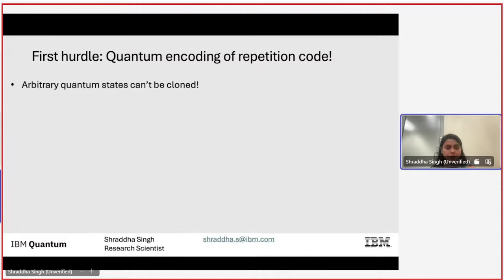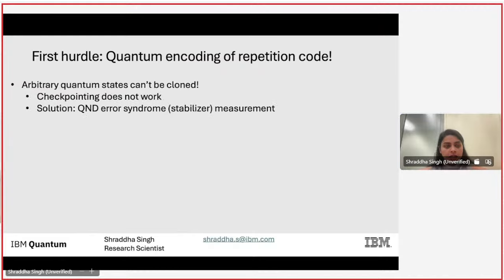So then how do you leverage any sort of redundancy if you can't actually imitate the different logical states? The way to go about it would be performing something known as QND error syndrome measurement. QND means quantum non-demolition, which essentially means that you are not affecting your state while performing this measurement.